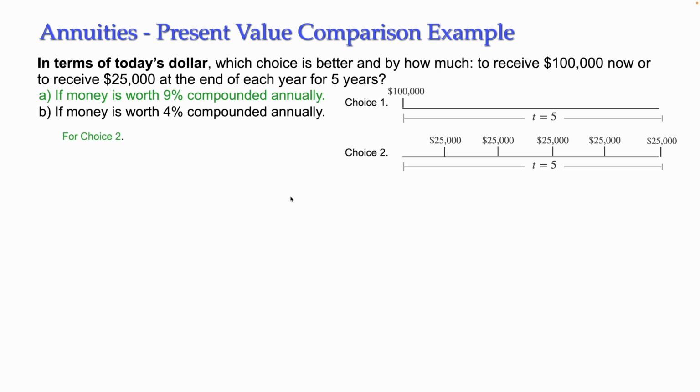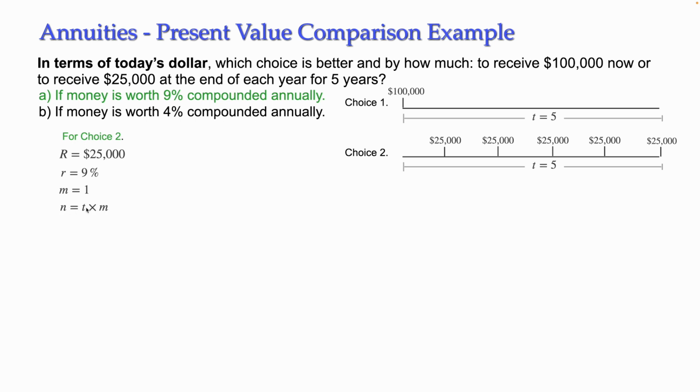But for choice 2, where the money is happening in a future time, I'm going to take into account that the payment of this annuity is $25,000, so I will be receiving $25,000. The interest is 9%, so the nominal rate of interest is 9%, and this is compounded annually, so n equals 1. And of course, for 5 years, we are going to receive 5 times this $25,000.